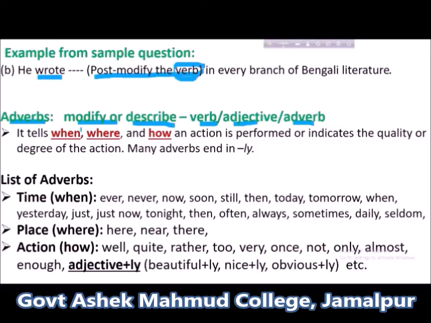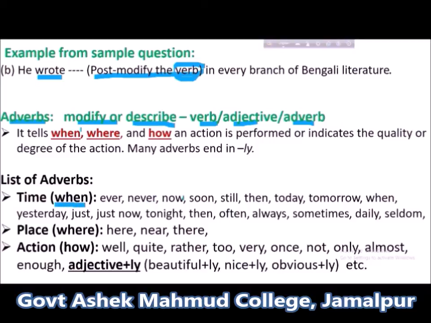So these are the adverbs that tell us when, where, and how an action is performed. According to the function, we may give the names in this way: adverbial of time, which indicates time.